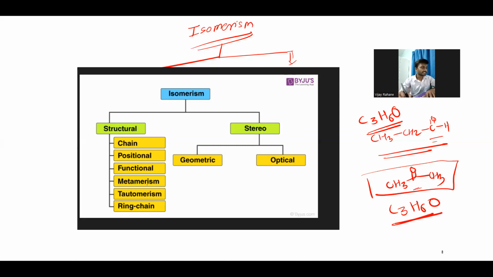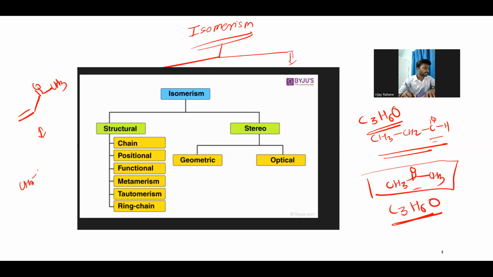The metamers are where the position of the double bonds may be different. Tautomers are like keto-enol tautomerism. Let's say I will draw here, this is the enol. So this is one isomer, and it can convert into the enol form.